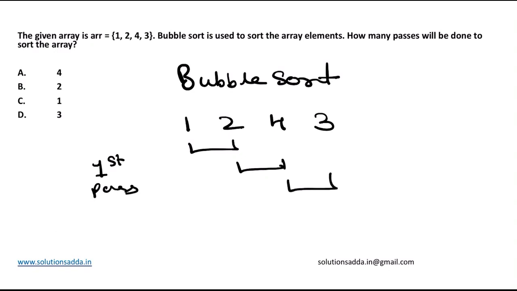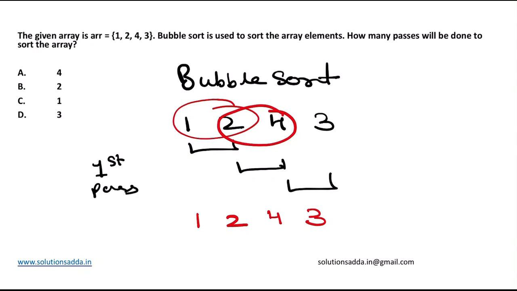So in the first pass, first it compares 1 and 2, it is in correct order. So 1, 2, 4, 3. Again it compares the adjacent elements 2 and 4. Since 2 is smaller than 4, it is in correct order. Again it compares 4 and 3.